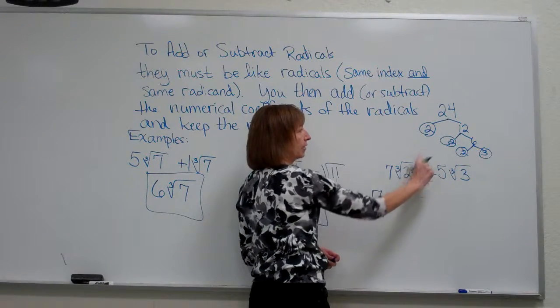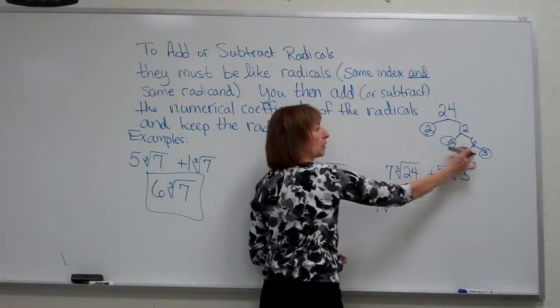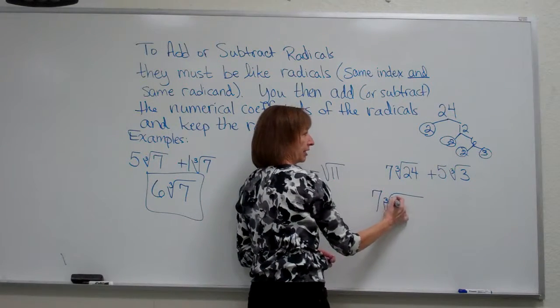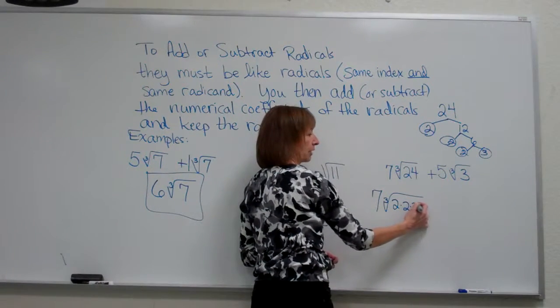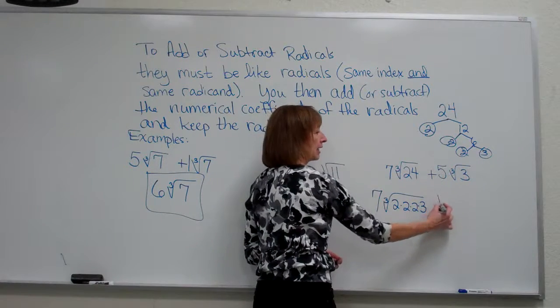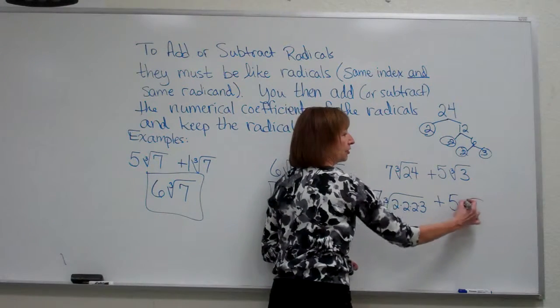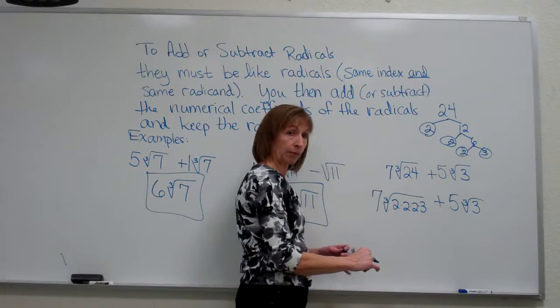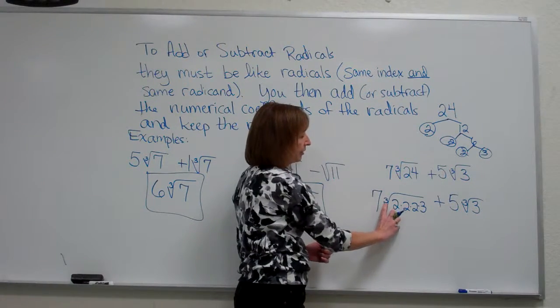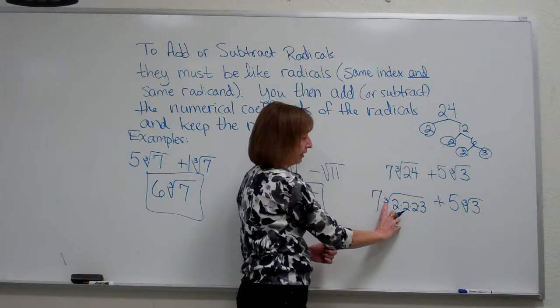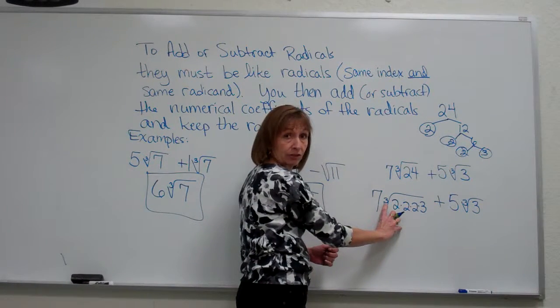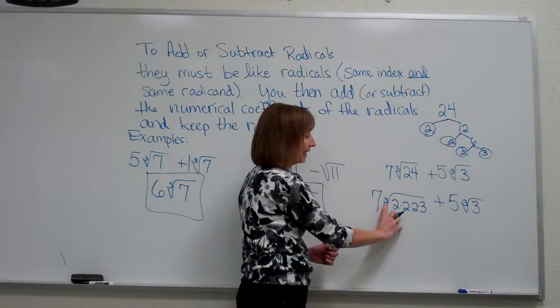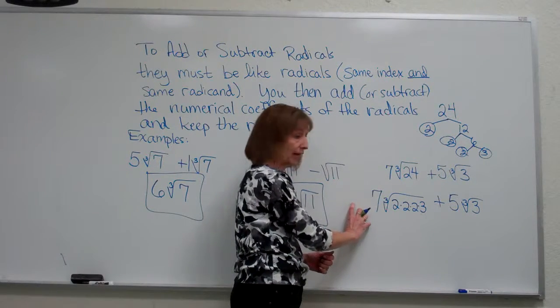So underneath the radical, I'm going to replace the number 24 with its prime factorization: 2 times 2 times 2 times 3. Now let's bring down plus 5 times the cubed root of 3 as we go along so we don't lose what the whole problem was. Now underneath the cubed root, I have an index of 3. So if I have 3 identical factors of any individual value, then I get to bring that number outside the radical.